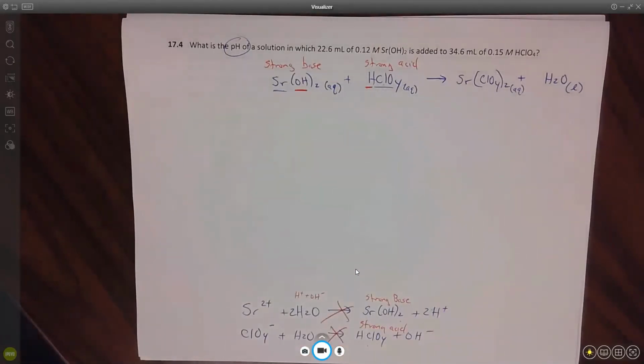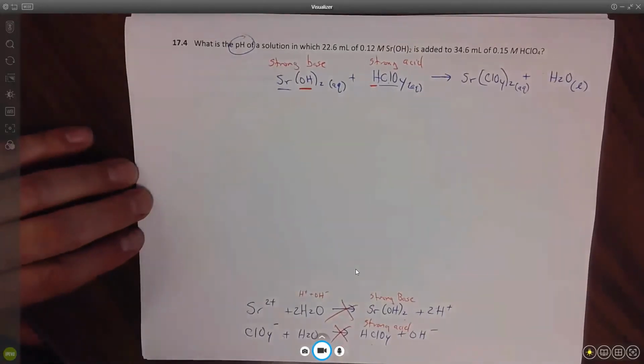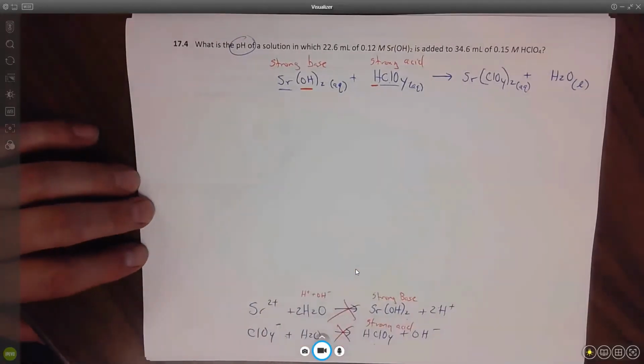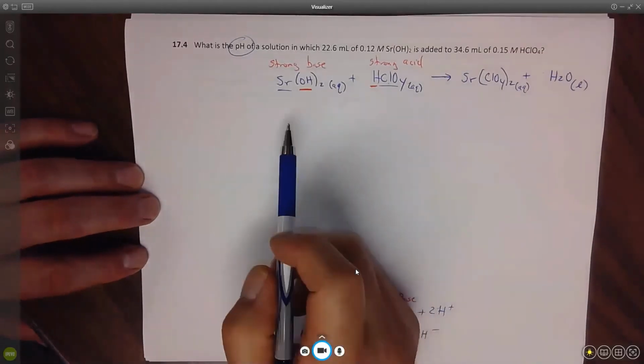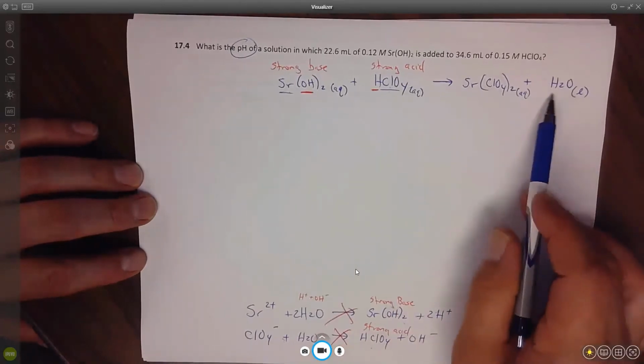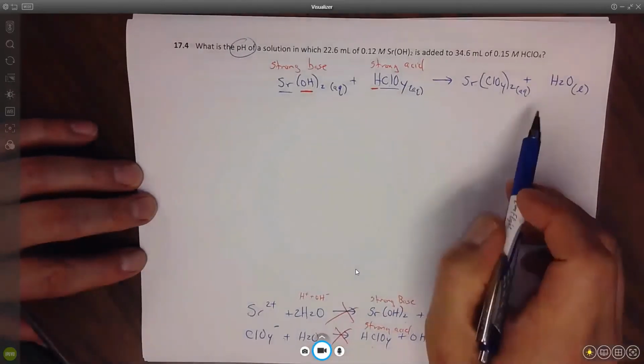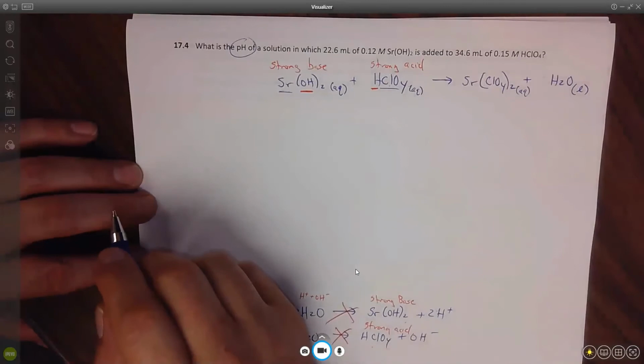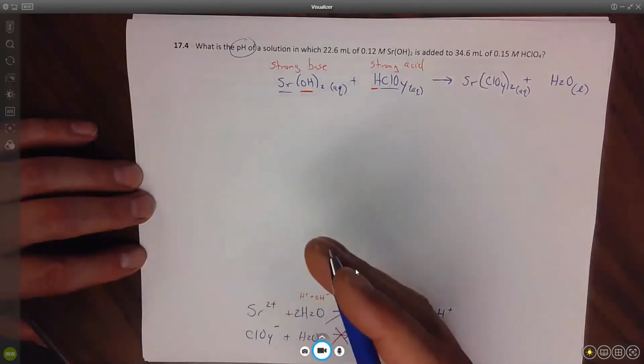So let's start with that. Let's figure out which one is in greater amount, okay? So which one of these is in greater amount? Well, if it's a limiting reagent problem, we have to figure out how much of the product we can form. We'll look at water. We'll figure out how much of the product we can form with each one of them, and that's going to determine what our limiting reagent is.